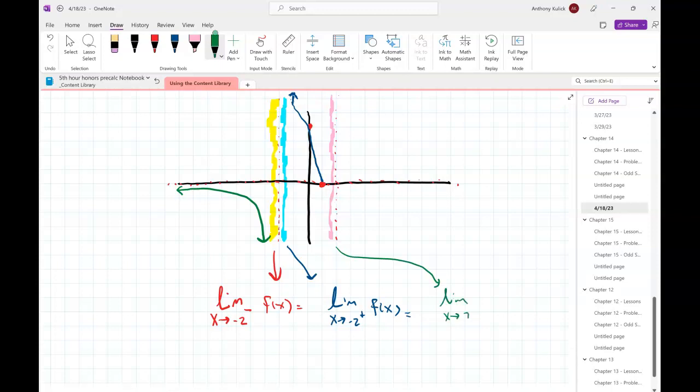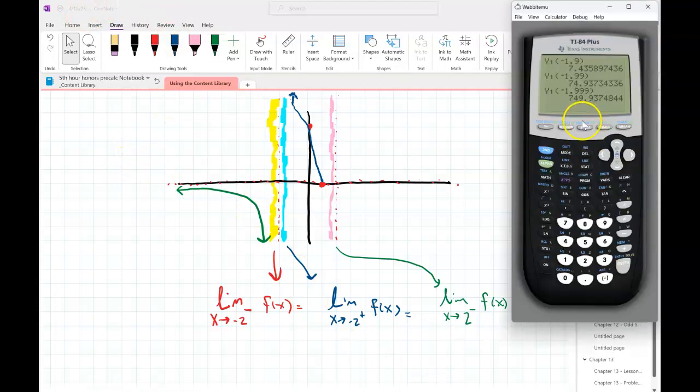So the limit as x approaches 2 from the left of f of x. That's what I'm evaluating here with my calculator. Everybody's okay? And I'm just going to use second and enter here so I can just recall the last thing that I did and just update it.